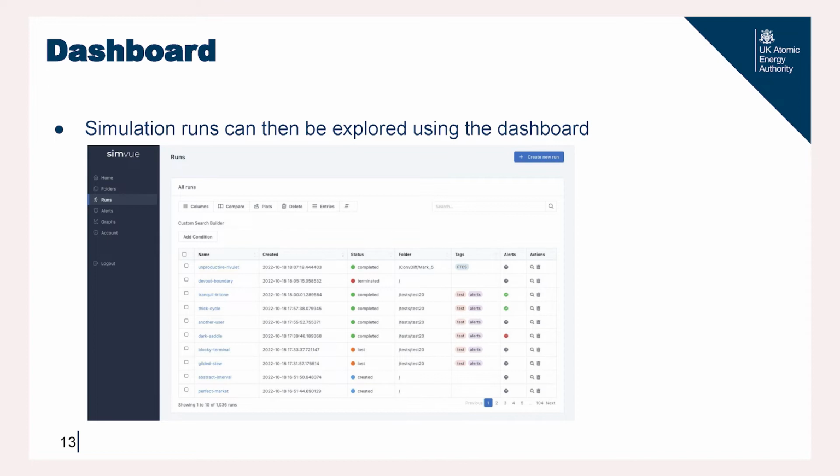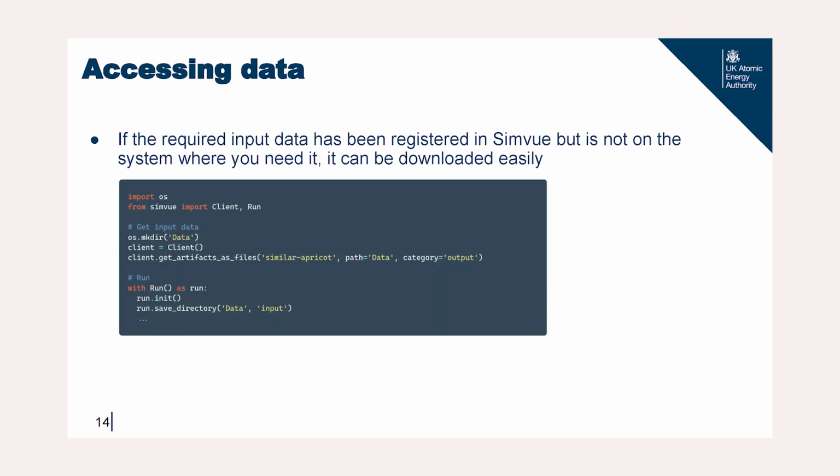And as briefly mentioned, if you have one simulation running on one system, and then you want to run another simulation or processing script somewhere else that accesses the data from the first one, you can use SimView to access that data.